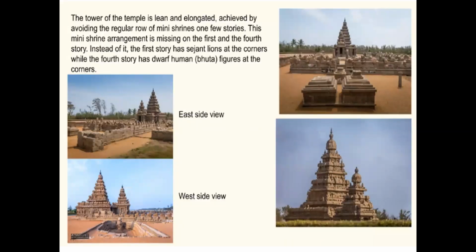The tower of the temple is lean and elongated, avoiding the regular row of mini shrines. The mini shrine arrangement is missing on the first and the fourth story. Instead, the first story has sculpted lions at the corners, while the fourth story has human figures at the corners.